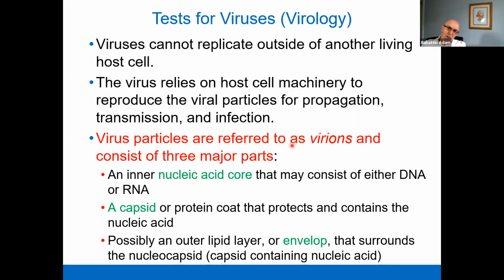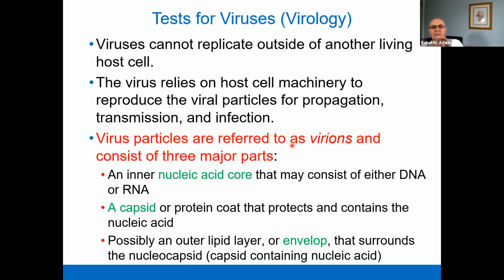Okay, virology. Okay, we still have some time. Viruses cannot replicate outside of another living host cell. The virus relies on host cell machinery to reproduce the viral particles for propagation, transmission, and infections.